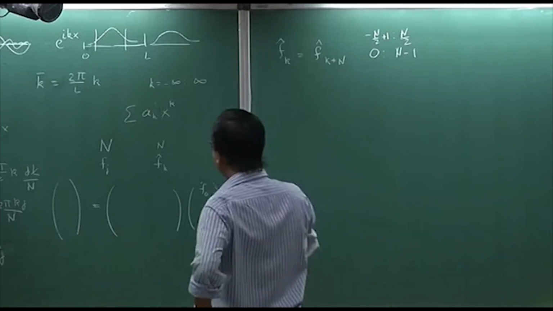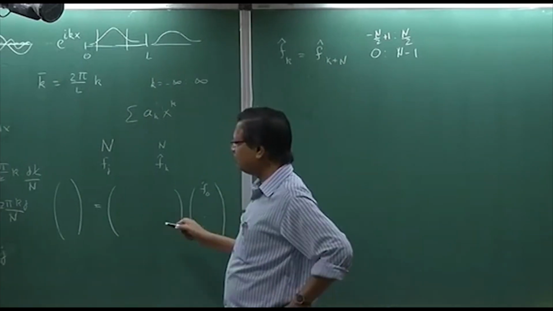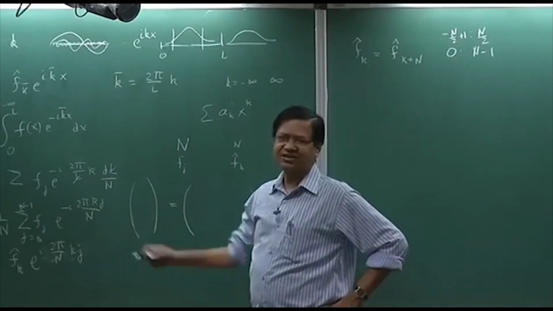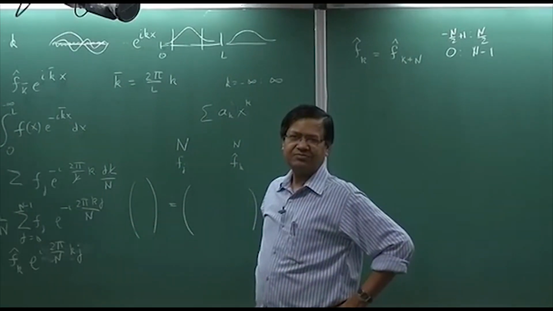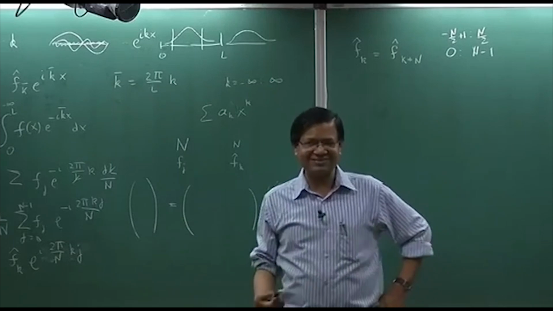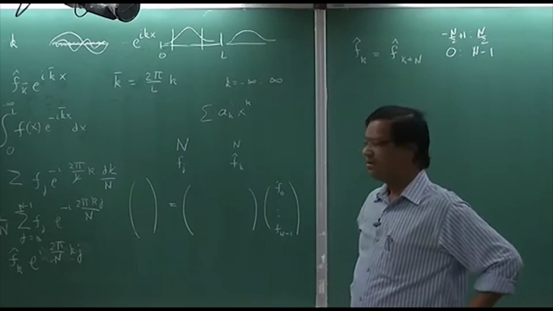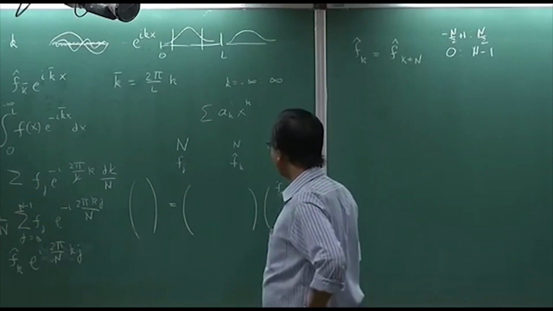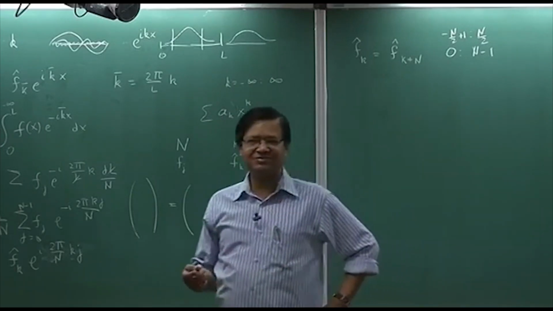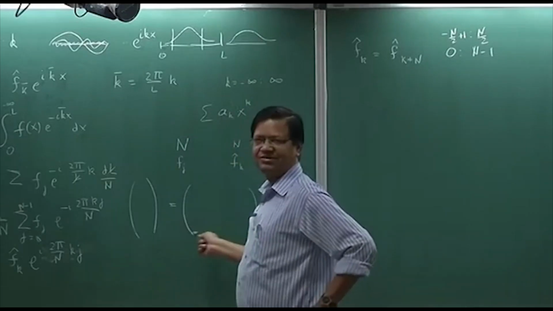Okay. So, given the f j's, I should be able to uniquely determine the f hat k's, otherwise the Fourier transform will not be defined. This is not a good definition. So, this is a linear transformation. So, the number of unknown variables must be the same, this is a matrix equation, right.